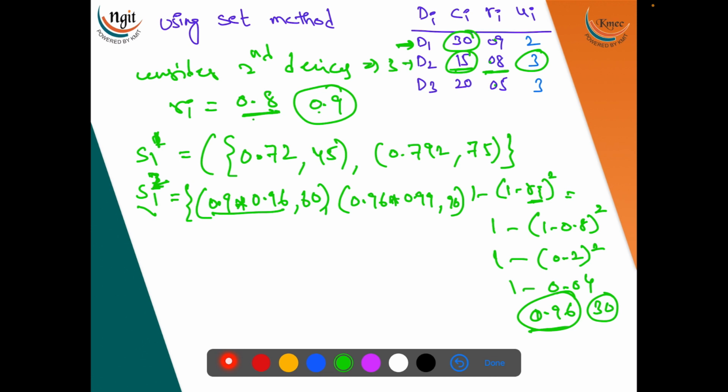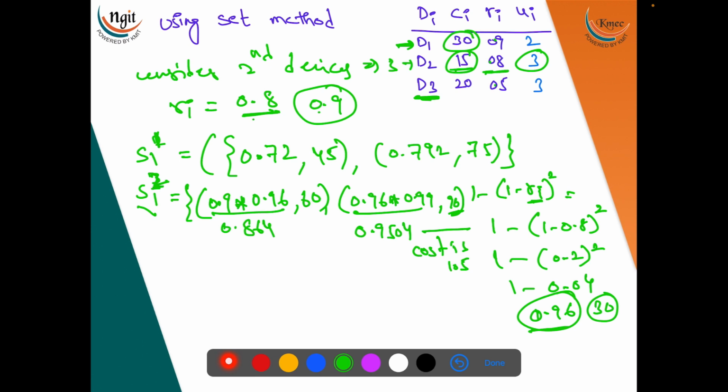So this value is 0.864 and this value is 0.9504. So we got 90, right? The cost budget I can utilize is 105, but here I have already hit 90, and we have one more device to buy.